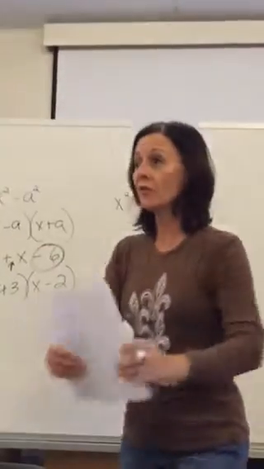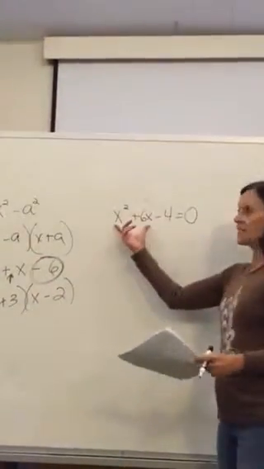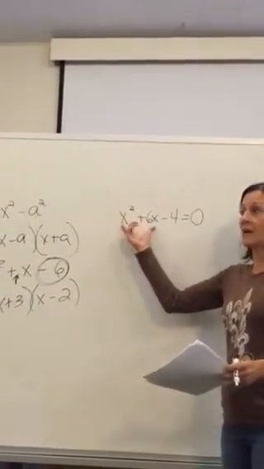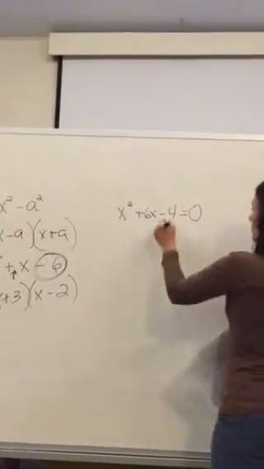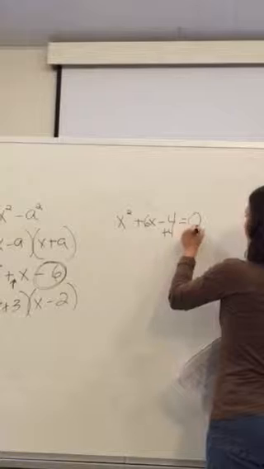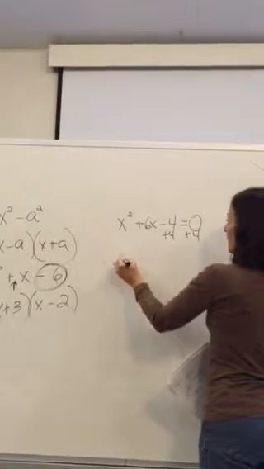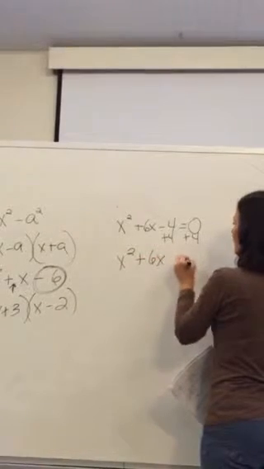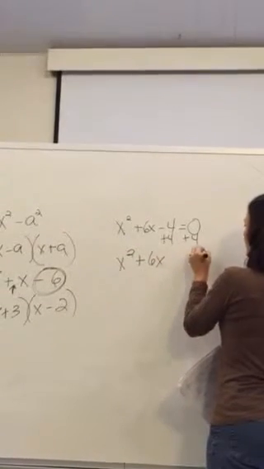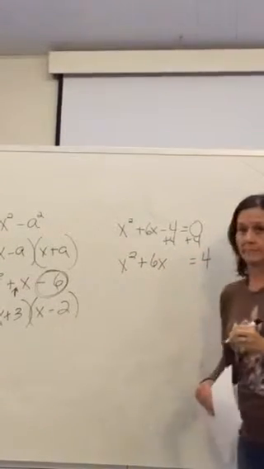The first thing you're going to do is isolate your terms that have x. Move everything else to the other side. So I'm going to move my 4 to the other side. I'm left with x squared plus 6x, and I'm going to leave a space, equals 4.